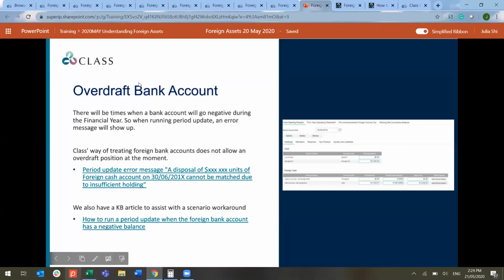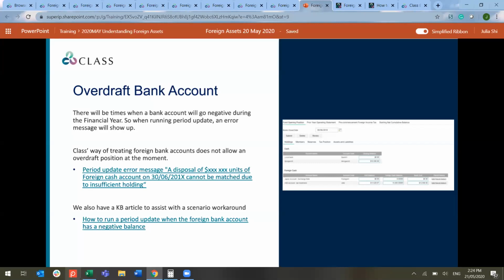This particular slide, we're talking about the overdraft of a bank account. Sometimes if the bank account goes negative, the issue is you can't really run peer updates. The actual design for class in treating a foreign bank account is like treating an investment. The foreign currency is the actual unit of these investments.